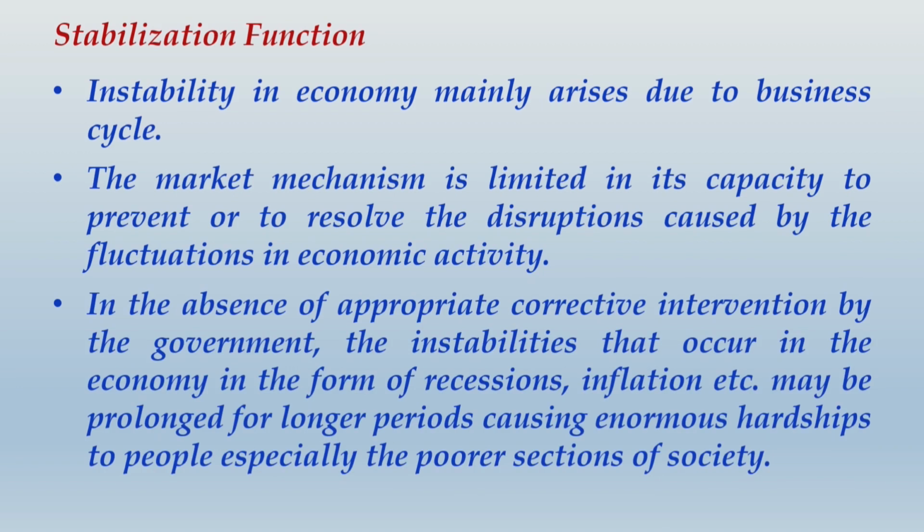In the absence of appropriate corrective intervention by the government, the instabilities that occur in economy in the form of recession, inflation, etc. may be prolonged for longer periods, causing enormous hardships to people, especially the poorer sections of society. So please write up this much and then I take you ahead.